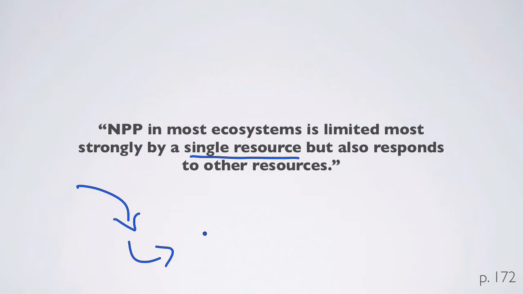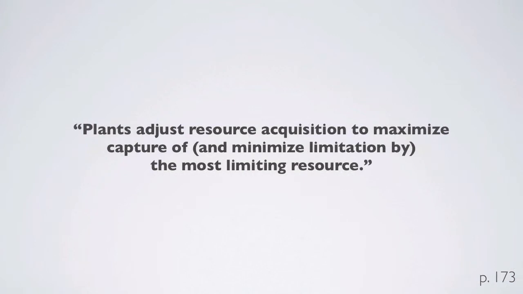The way limitation works in the proximal and distal limitation for plants is a complicated topic, but it's good to know that in many ecosystems, NPP responds most strongly to a single resource, but also to others. So there's no one limiting resource necessarily in a given ecosystem. And plants adjust resource acquisition to maximize capture and minimize limitation by the most limiting resource.